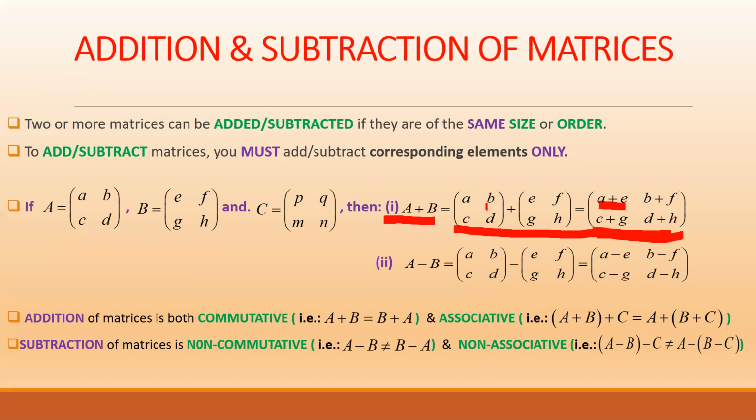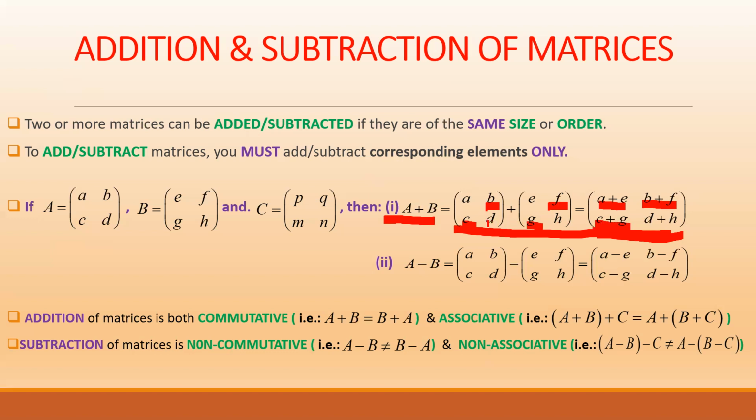And B corresponds with F. So it therefore means we will add B plus F, right, guys? And that is how we'll get the result for the new matrix over here, B plus F. And C, we will add element C with G. So that's how we will get C plus G over here.